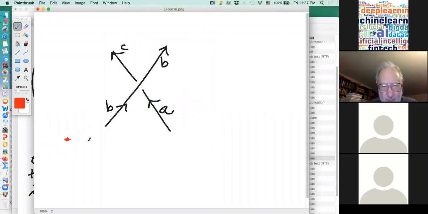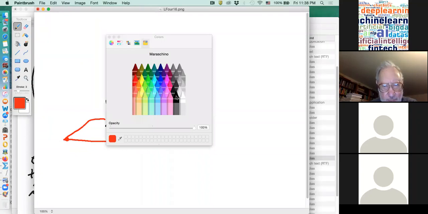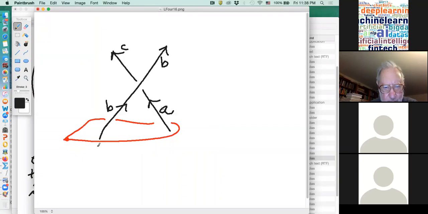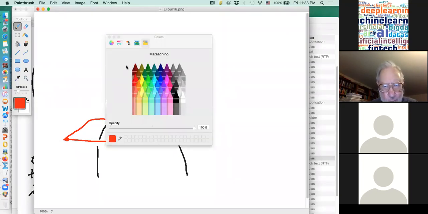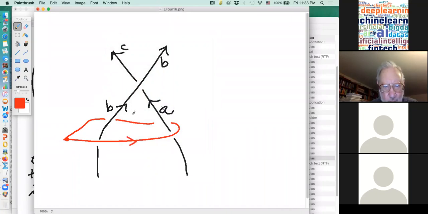So that means that if I encircle both of these like that, then this loop here is the product A times B. Remember, it was the right loop times the left loop.